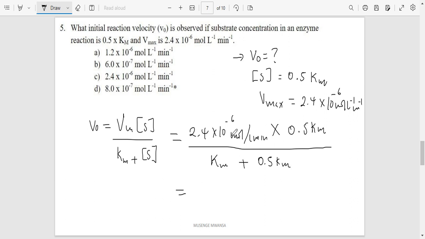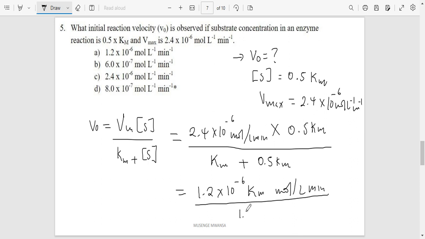So on top, I'm going to multiply 2.4 times 10 to the power negative 6 multiplied by 0.5, and that is going to give us 1.2 times 10 to the power negative 6 Km, mole per liter minute, divided by, down here, if we add Km plus 0.5 Km, this is just the same as saying 1 plus 0.5.